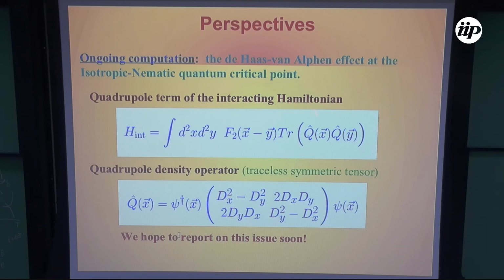But in principle, this is quadratic, so we can do that. We are trying to bosonize this and compute quantum oscillations, computing the magnetization and then tuning the quantum critical point. We are doing this right now, and we hope to report on this soon.